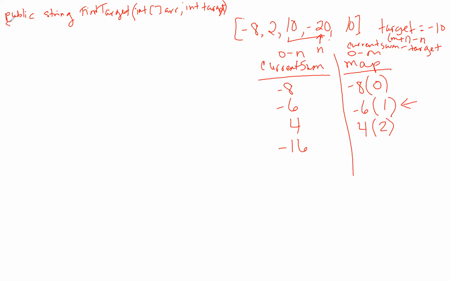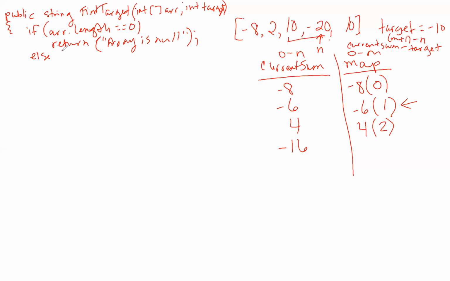First, we want to make sure that we have a proper array to work with. So if array.length equals 0, then we need to return a message like array is null or something. You could also throw an exception. It really just depends on how you want to handle the errors.